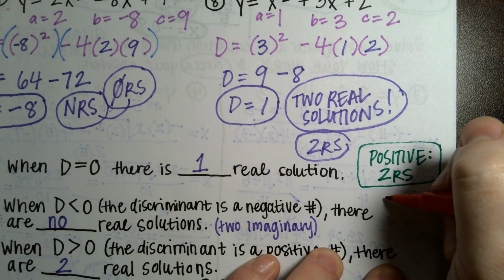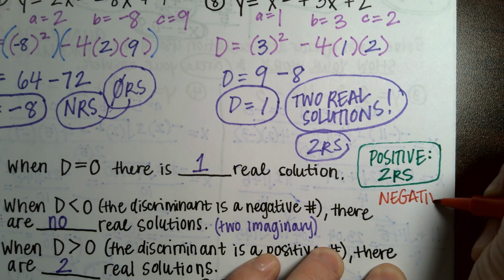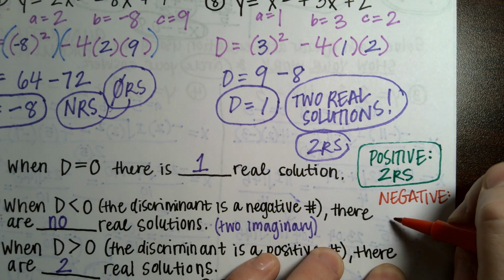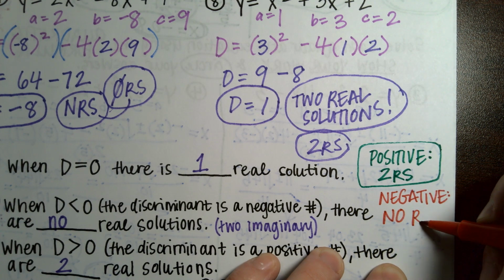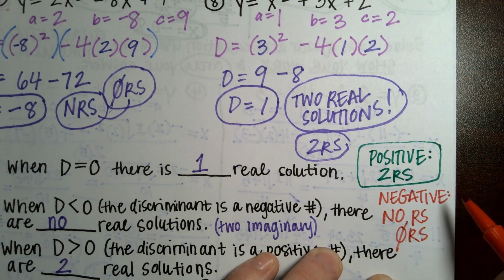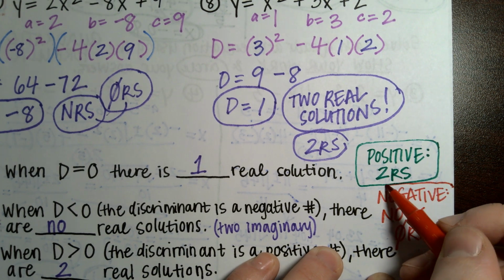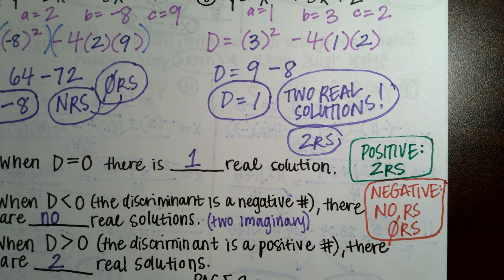Negative means no real solutions. And the other one is equals 0.